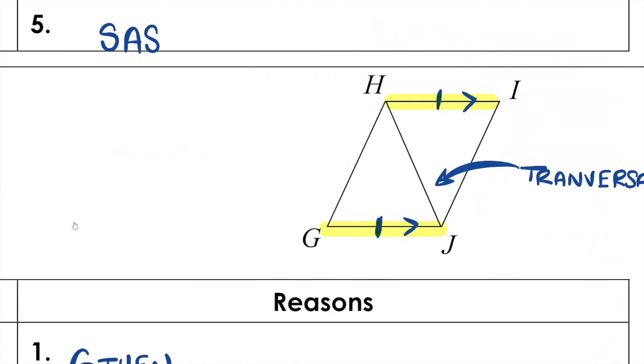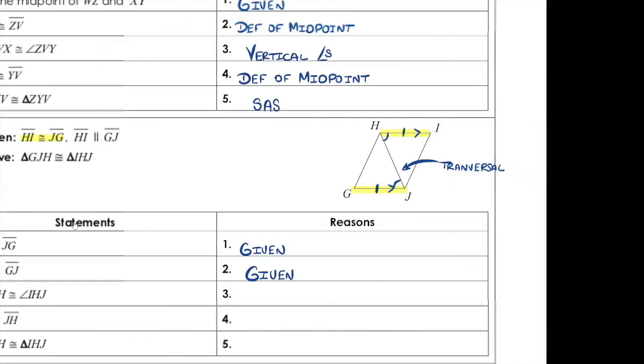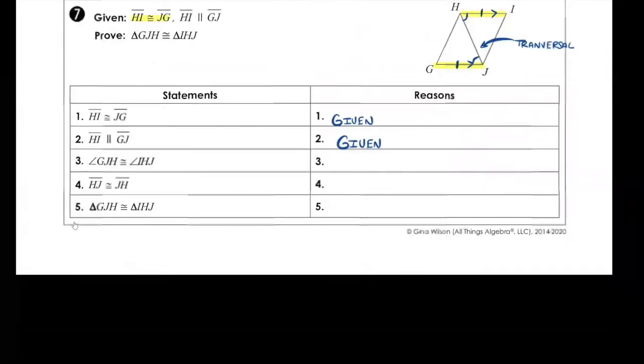What makes this congruent to that? Go back to what my man in the back said about the transversal with some parallel lines. Which of our parallel lines theorems can we use to say that those two angles are congruent? Alternate interior angles. Very good. They are congruent because of alternate interior angles.